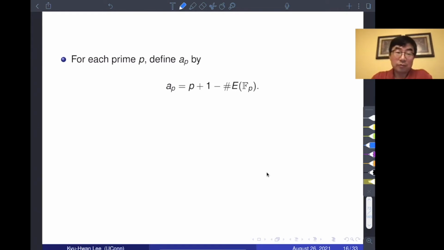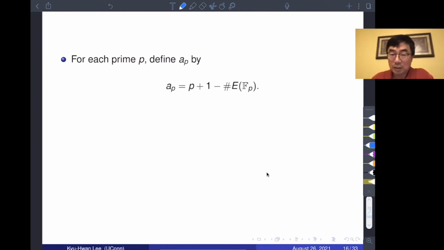Then we want to present an elliptic curve to a machine. Again, we may use the coefficients of the defining equation, and that may work, but we decided to use, again, the L function of an elliptic curve.